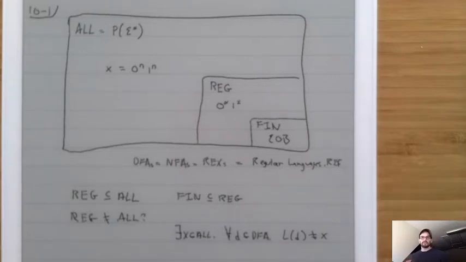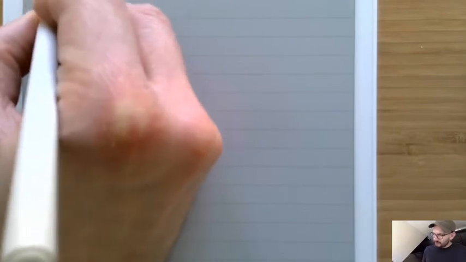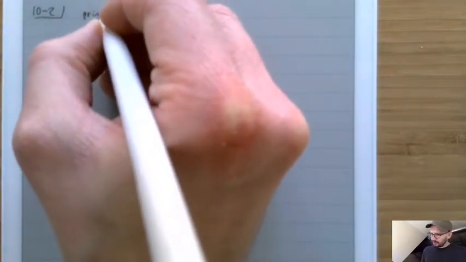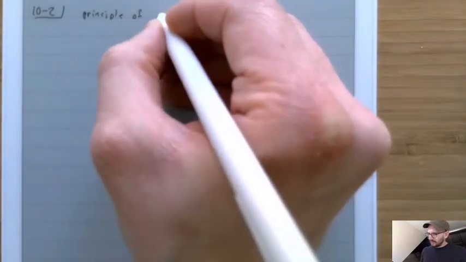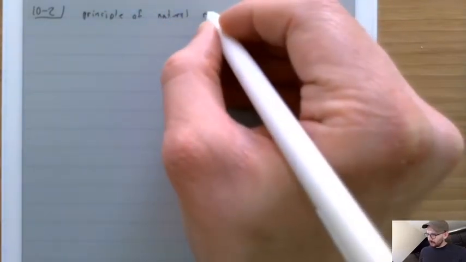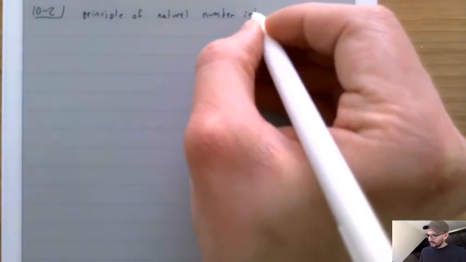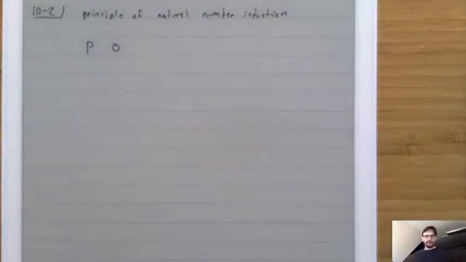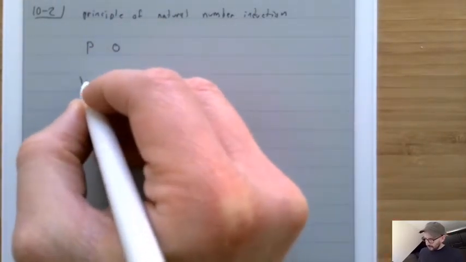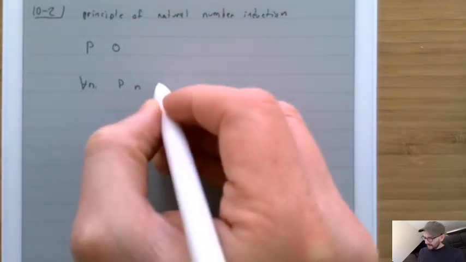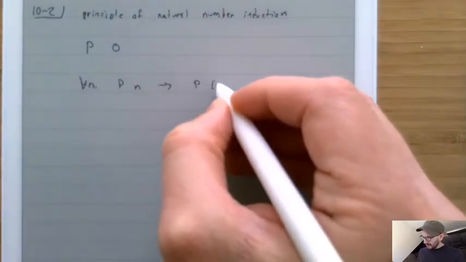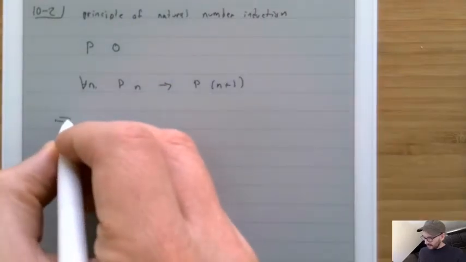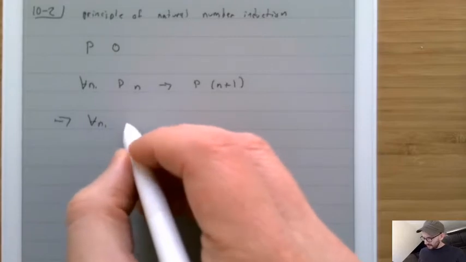So when you do induction, you prove something about 0, and then you say that if you know that thing about 0, then you can prove it about 1 more. Let me write this down. So the principle of natural number induction says that if you prove P of 0, some property of 0, and then you prove that for all n, P of n implies P of n plus 1, then that proves for all n, P of n.